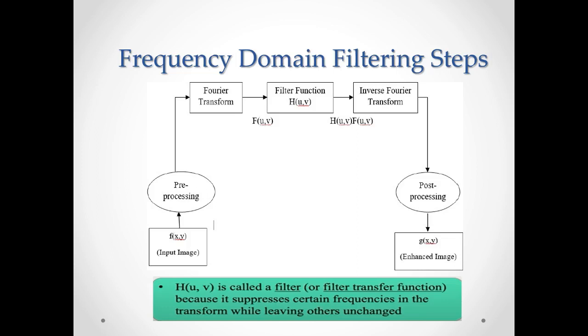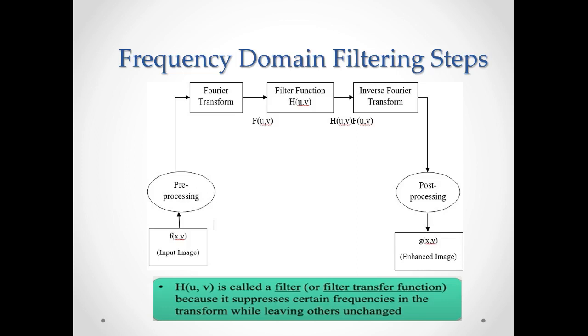In the first step, we will take the image f(x,y) of size M cross N. In the second step, to centralize this image, we will multiply the image f(x,y) with the value minus 1 to the power of x plus y.